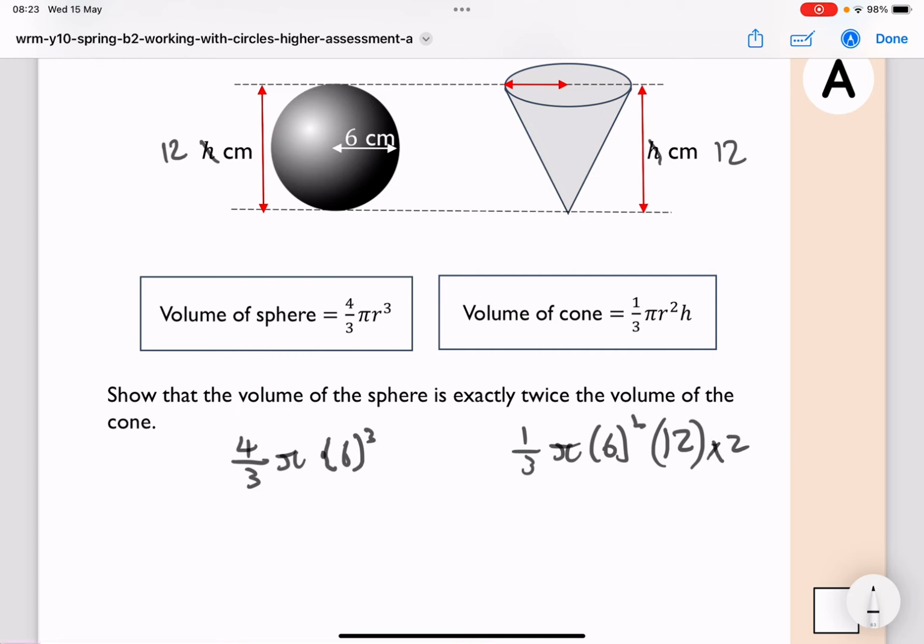So as such, if I rewrite it, I could then say that they're equal to each other. So if I simplify this out, I've got 4/3 pi 6 cubed, 216, equals 2 times 1/3 is 2/3 pi. I've got 36 times by 12.